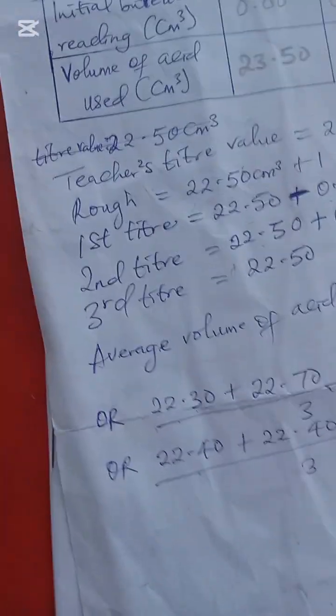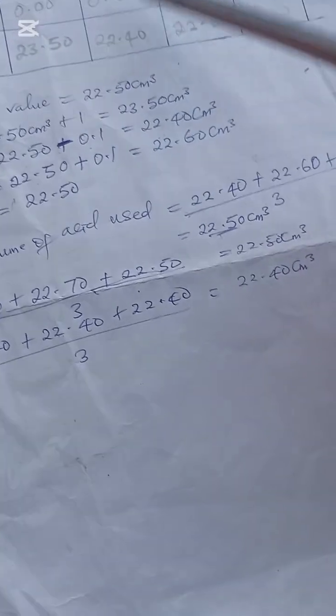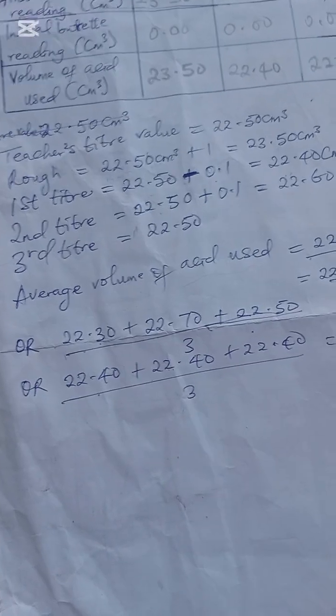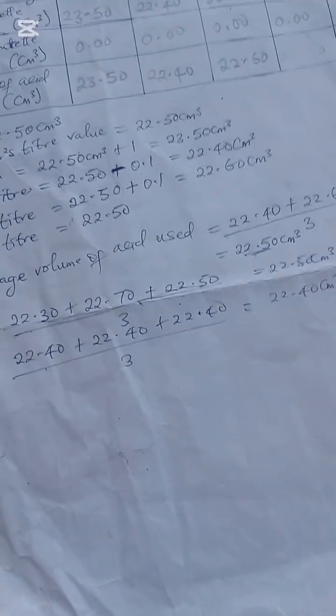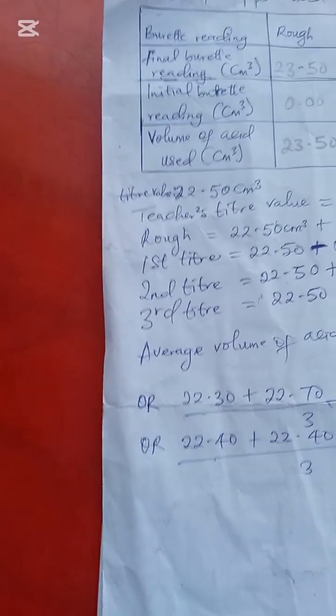Or I can do it in a way that I have two concordant values and the other one not concordant, and then I divide by 2. In any way I want, I can divide by 2, I can divide by 3.